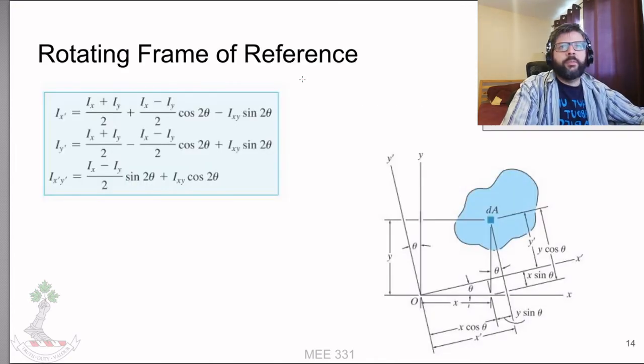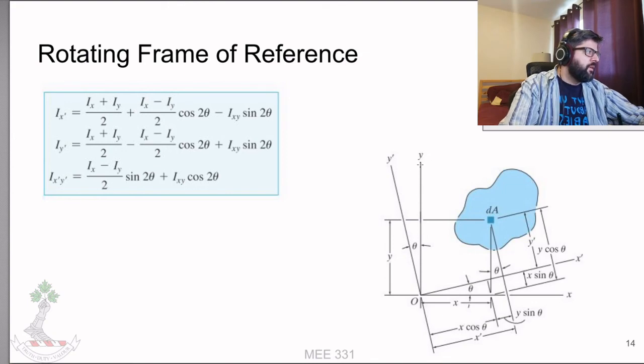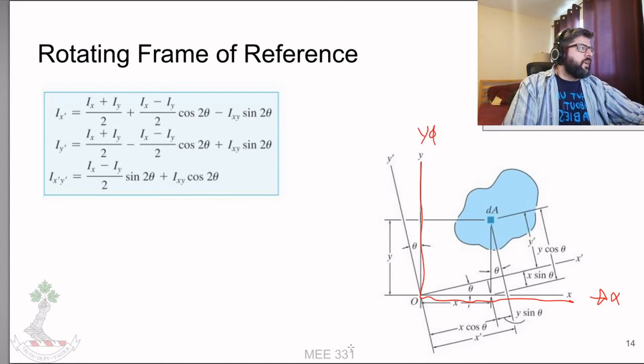one of the primary things that we're going to be using this for is figuring out what happens with a rotating frame of reference. Essentially, if you start off with this frame of reference here, this is your x direction, this is your y direction, and you rotate your frame of reference somewhat, then you're going to get new Ix primes and Iy primes based upon the new frame of reference.